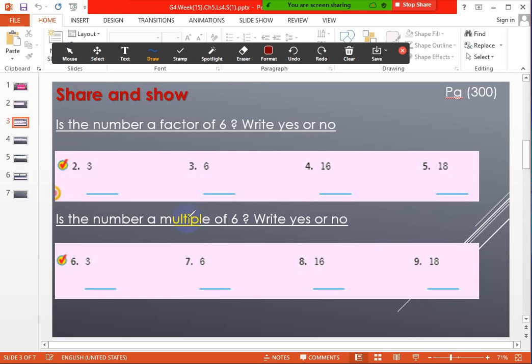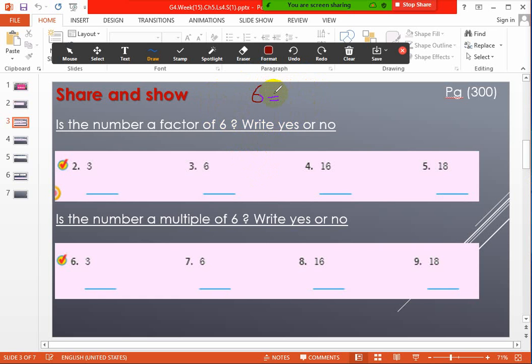You know that if I want to find out the factors, 6 is a small number, so there's no need to use the divisibility rules. It's easy for me to find the multiples for this number.